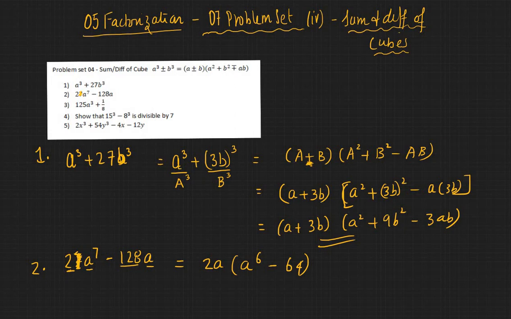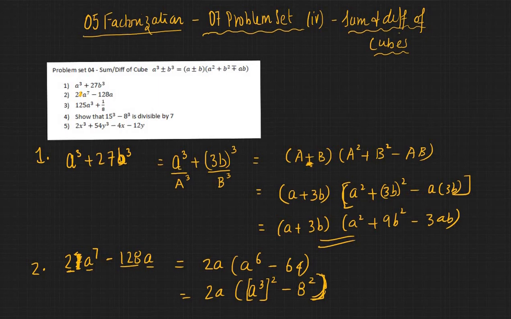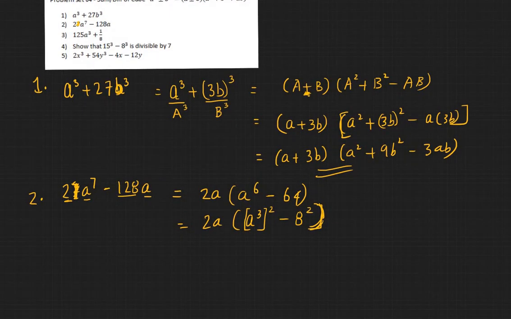This would be equal to 2a into a cube the whole square minus 8 square. What you have done is converted this into the form a squared minus b squared. So that's the first step. So this will be 2a into a plus b into a minus b.